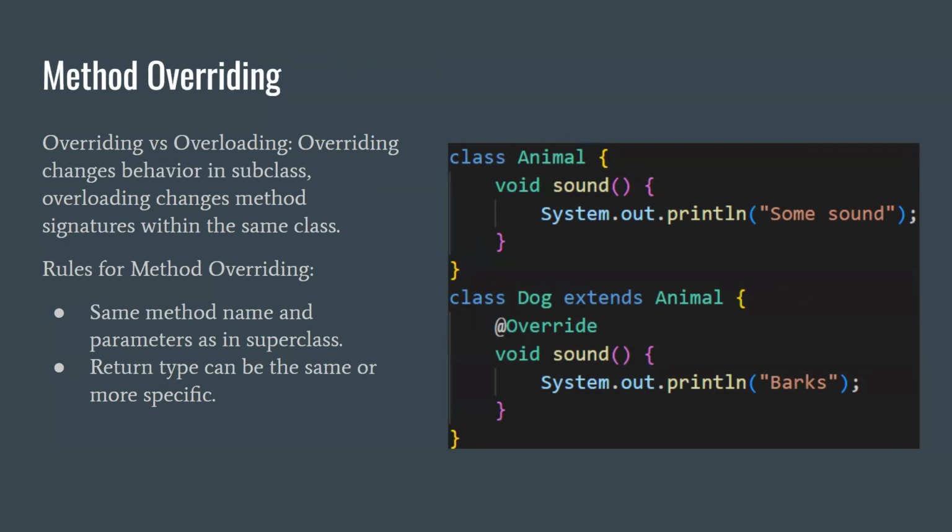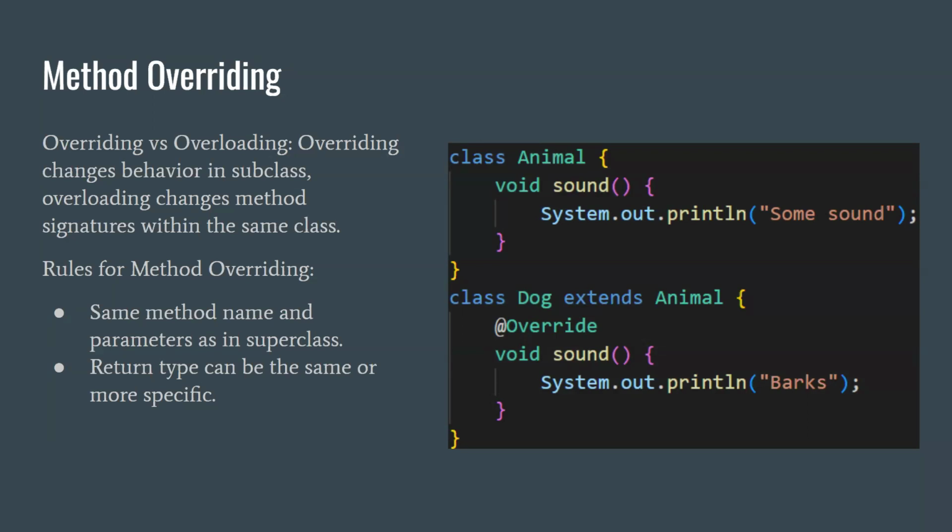You may be wondering what the difference is between overriding and overloading. The difference is that overloading is when the methods remain in the same class but have different parameters. So in overloading, the methods are in the same class, but the number of parameters or the type of parameters would differ.